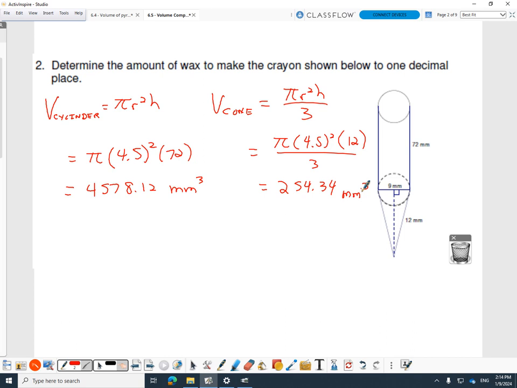What's the last step of this question? Just add them together. So when there's multiple shapes, you do the two shapes, but then at the end you write total volume, and you just add these together, 4578.12 plus 254.34. I'll type it in.